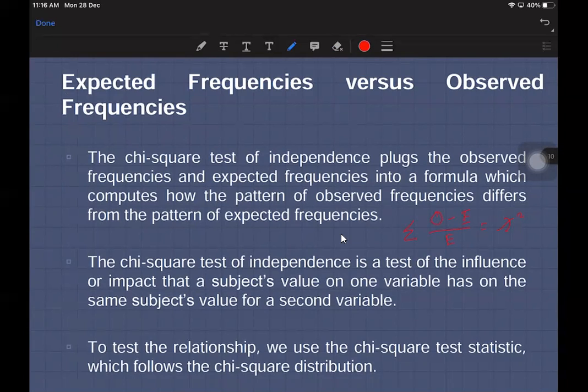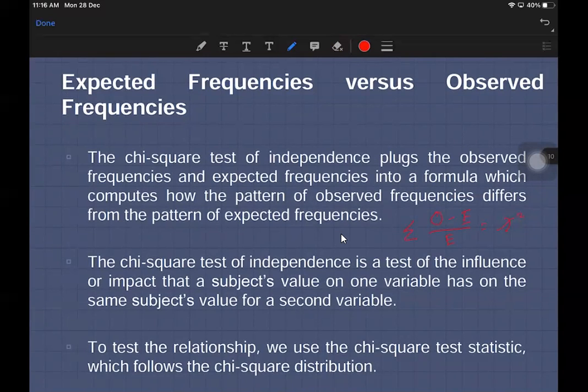So the chi-square test of independence is a test of the influence or impact that subjects' values on one variable have on the subjects' values for the second variable. Okay, to look at the relationship. So to test the relationship, we can use the chi-square test statistic, which follows the chi-square distribution.